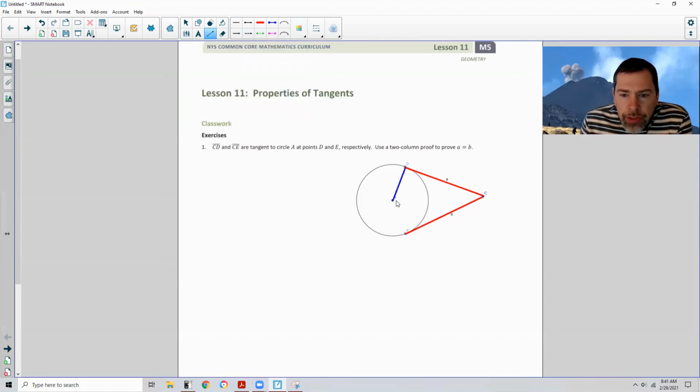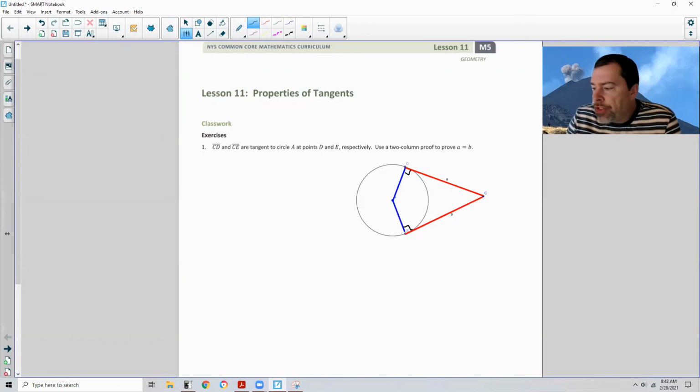That defines a tangent. So if I drew 2 radii, radius AE and radius AD, and they are perpendicular, then I know that CE is perpendicular to EA, therefore CE is a tangent. And if CD is perpendicular to DA, then it is also a tangent. So that is the definition of a tangent.